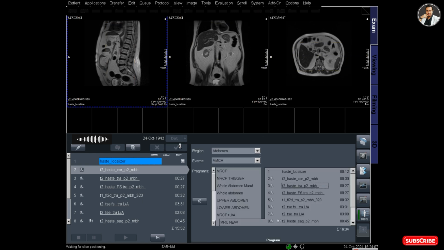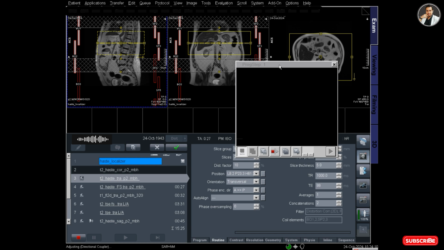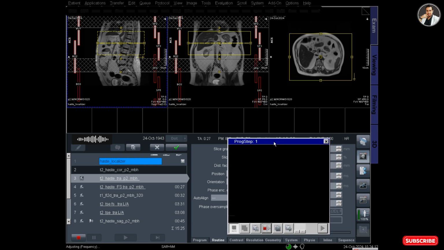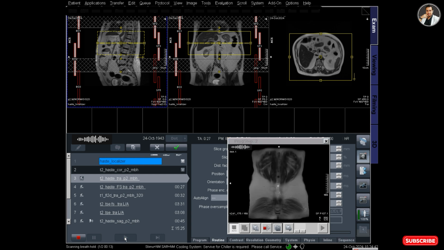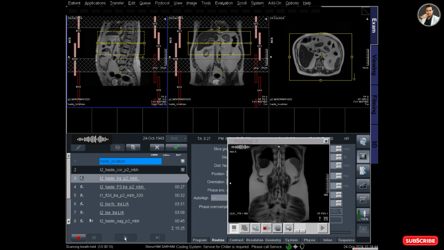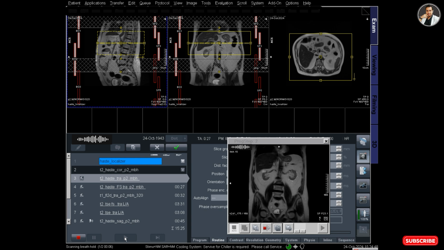So after planning is complete, click apply, and now the T2 HASTE coronal scan is running. For this I have to ask the patient to hold his breath and then click continue, and now the patient is holding his breath and the scan is running, and this is a T2 HASTE coronal.